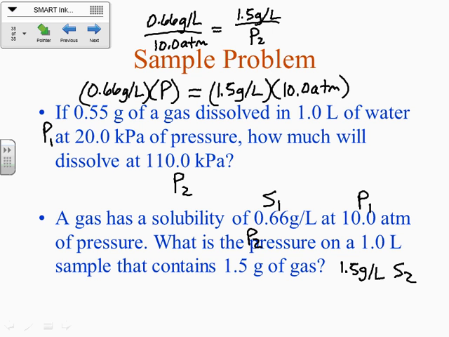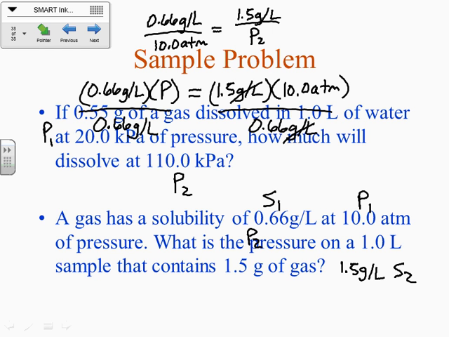All right, so then we just divide both sides by the 0.66 grams per liter. So then what happens to my units here? Grams per liter cancels out, right? So that leaves us with ATM. And anybody have the number there? 23. The 0.66 only has 2 sig figs because that first 0 doesn't count.